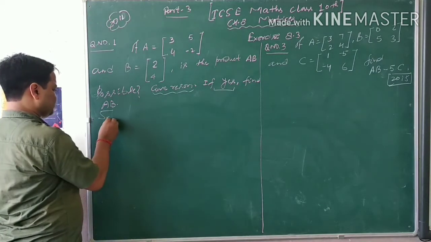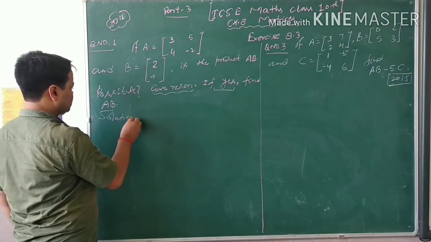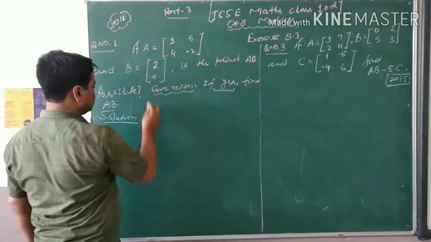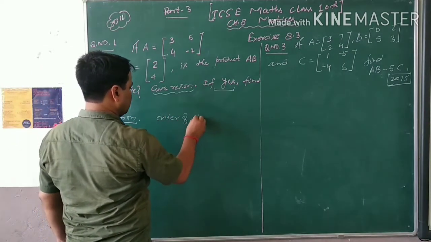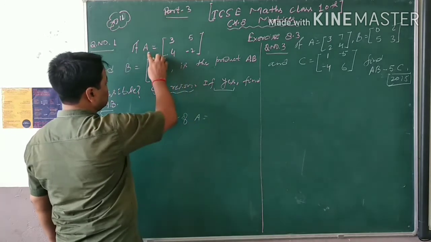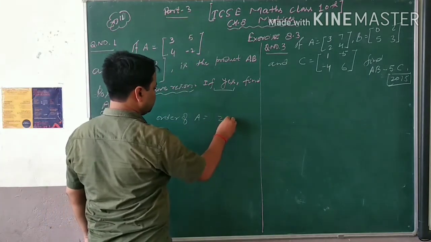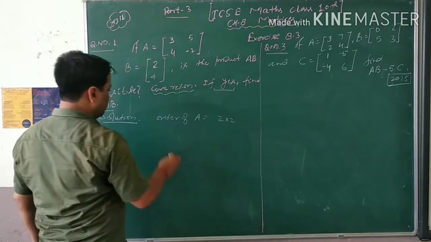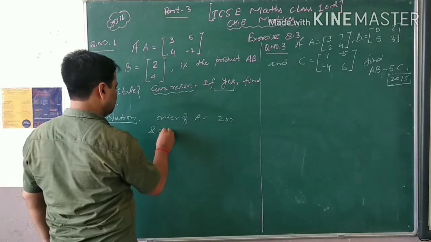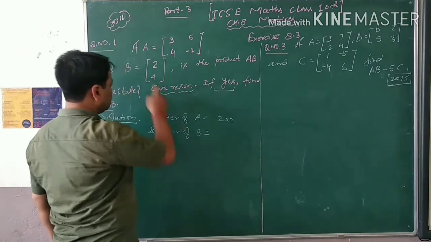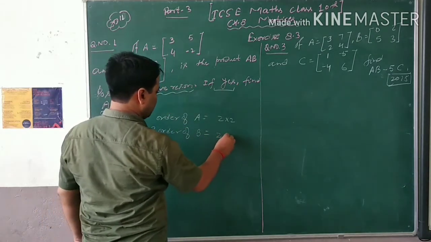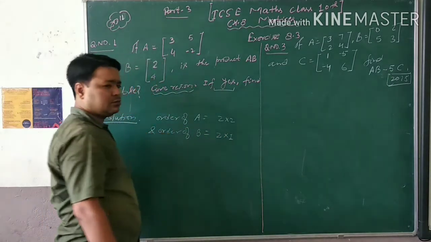Now we will discuss the solution. Since the order of A is 2 by 2, 2 rows and 2 columns, and the order of matrix B is 2 rows and 2 columns, means 2 by 2.